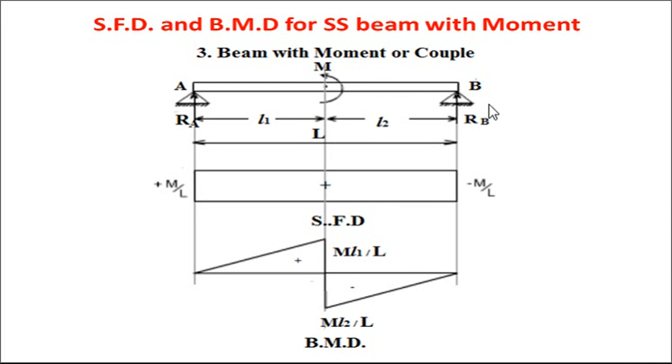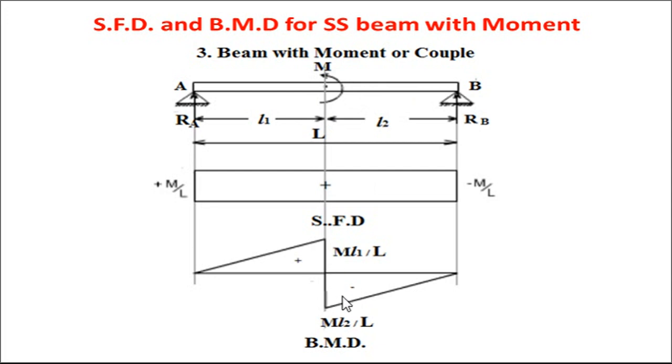Okay. Now see this particular case. This is one of the standard cases where simply supported beam is subjected to an anti-clockwise moment. This moment may be clockwise. If the moment is clockwise, then this BMD will be somewhat opposite in nature.